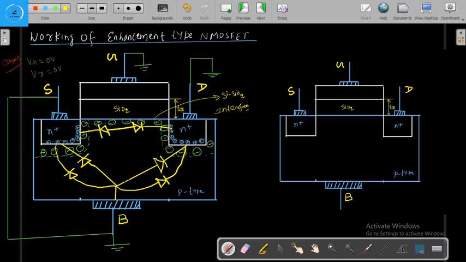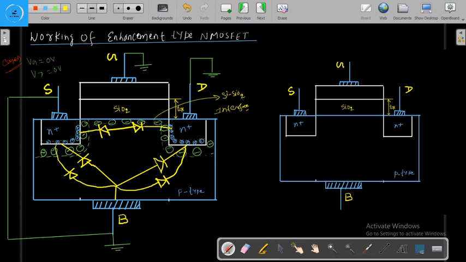One more thing we have to understand: in any MOSFET which has a p type substrate, that is the N type MOSFET.